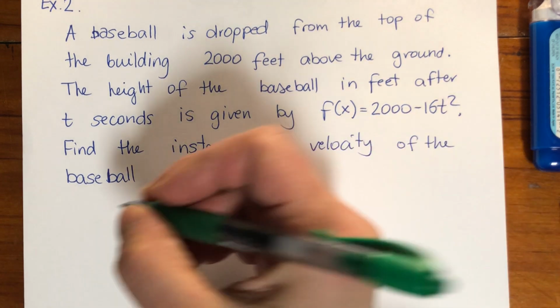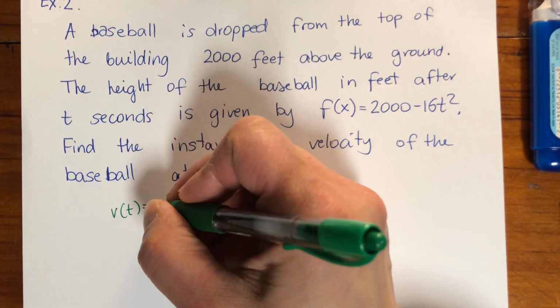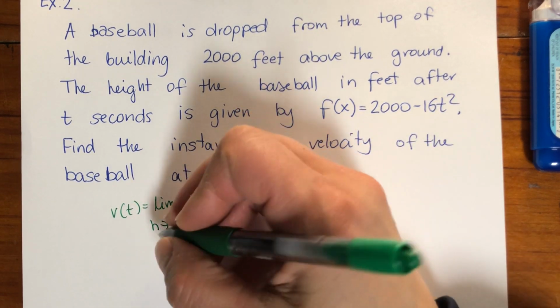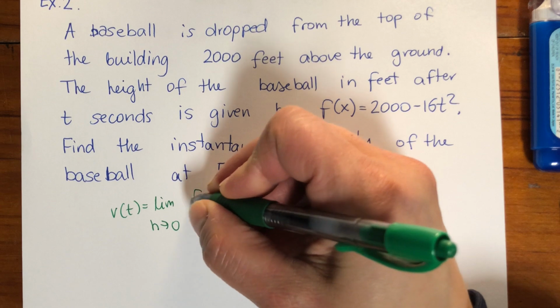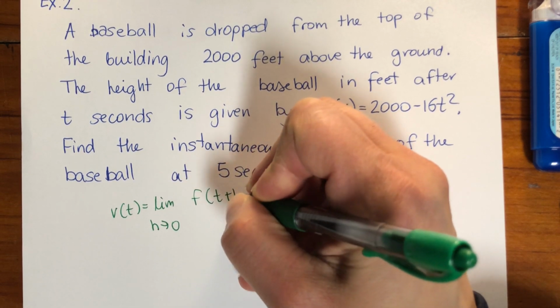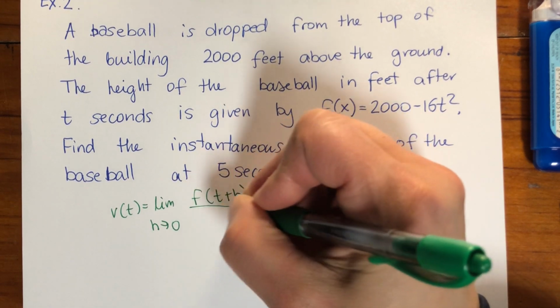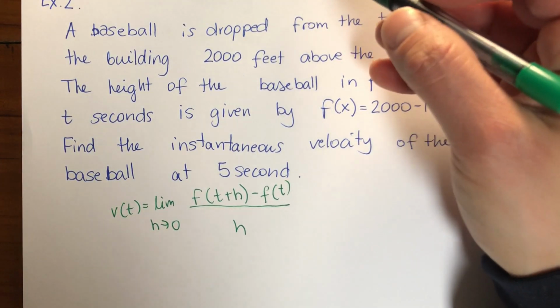My formula is going to be defined as limit as h goes to 0 of f of t plus h minus f of t over h. That's what I want to calculate. That's the formula I have above.